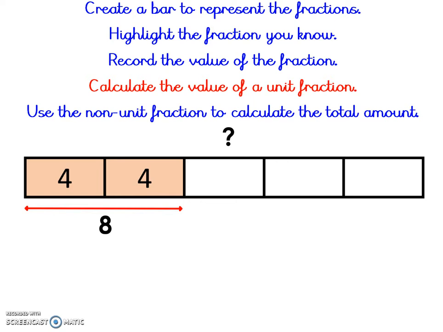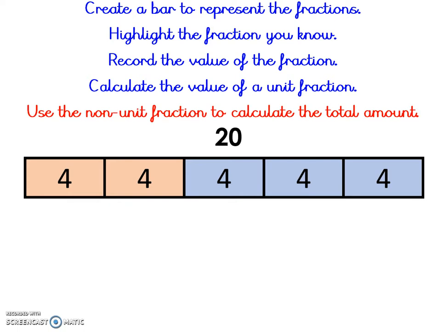So in this case I've taken the 8, knowing that that's 2 fifths, and I've divided the 8 by 2, the numerator, to give me 4. So 1 fifth is 4. And knowing that 1 fifth is 4, I've simply completed the bar model to show the value of each fifth, so each 1 fifth being worth the same amount. Now I've been able to find the value of the unit fraction and I've labelled my bar model.